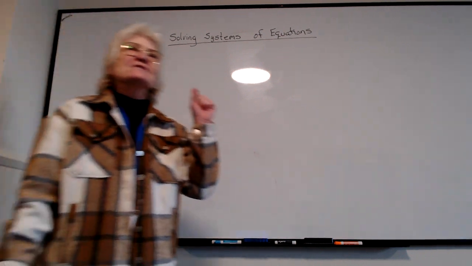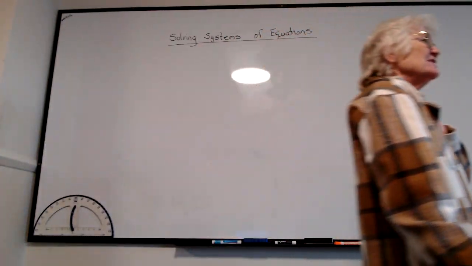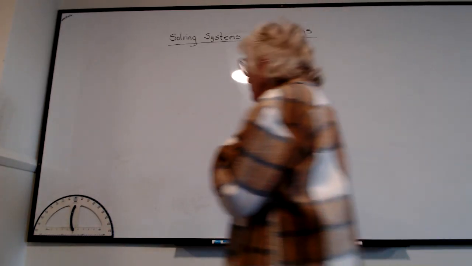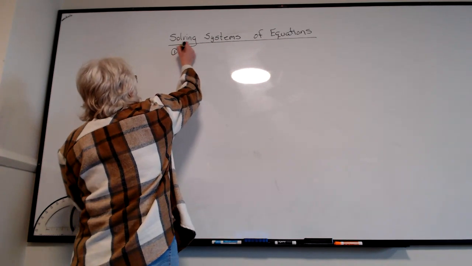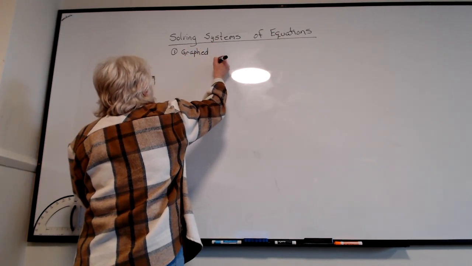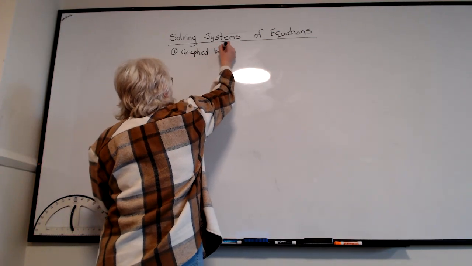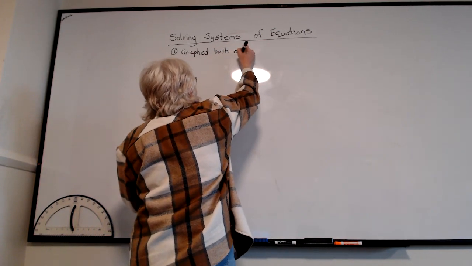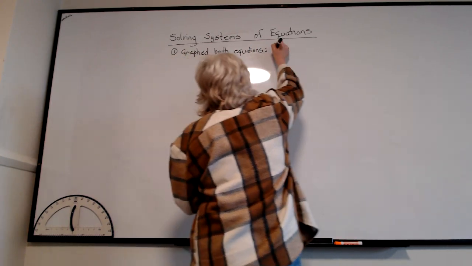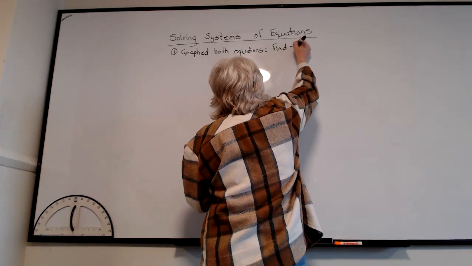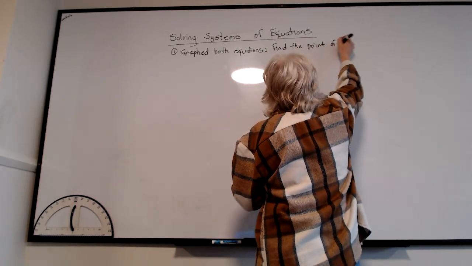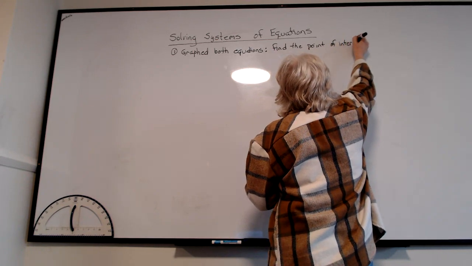We have been working on solving systems of equations. We've done it two ways so far. One, we have graphed them. We graph both equations and find the point of intersection.